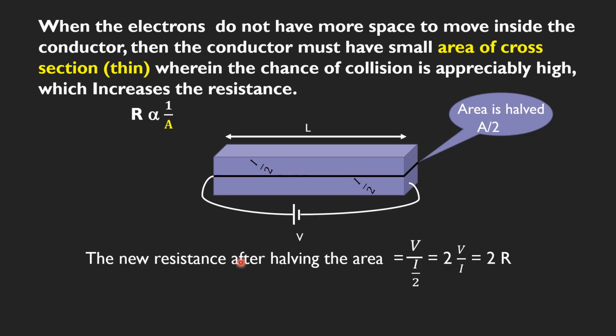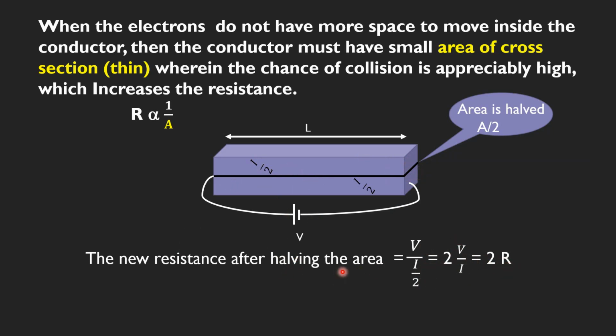Therefore the new resistance of this conductor after cutting the area into half is given by V by I by 2, that is equal to 2 into V by I, and V by I can be represented by R, so 2R.